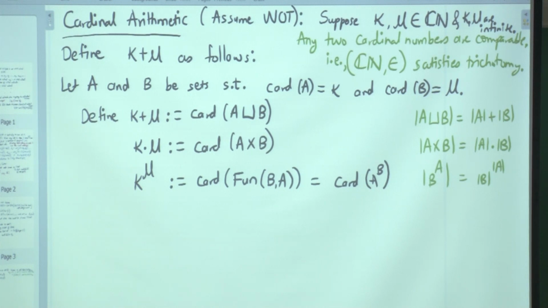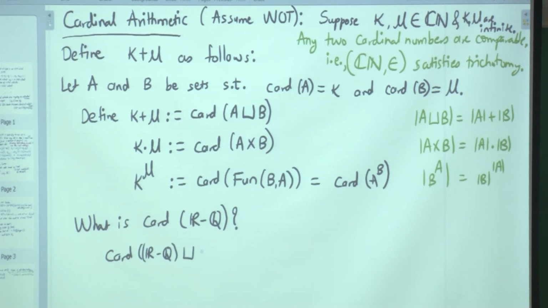If I ask you a simple question, what is the cardinality of R minus Q? How do you compute that? I can find it by this computation. The cardinality of R minus Q, disjoint union the set of rational numbers, is the cardinality of the real numbers.